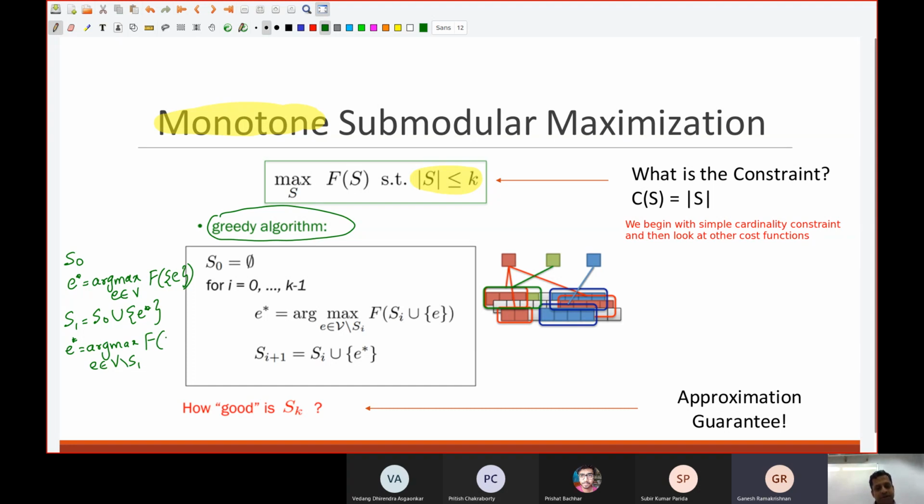But now you look at F of the previous E star union E. This is a simple greedy algorithm. This is how you loop around. Keep doing this. After that, you do S2 is S1 union E double star.